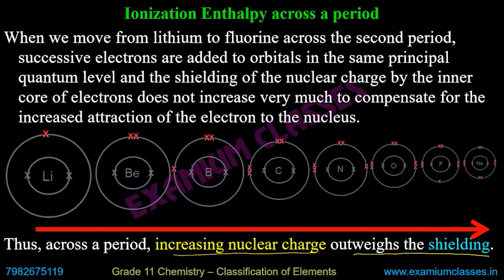What I am saying is that in this case, if force of attraction increases, because there are two electrons now, there will be interelectronic repulsion. So interelectronic repulsion will try to repel the electrons from one another.